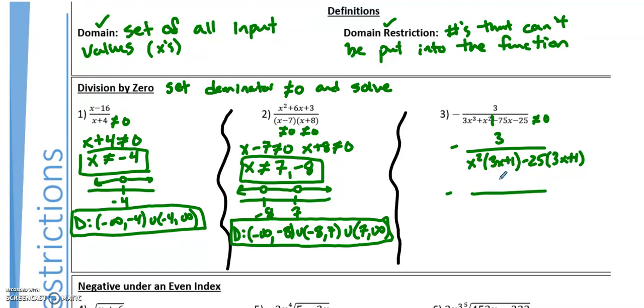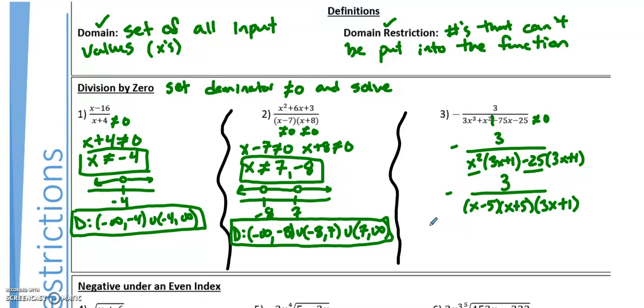So my factored form, hopefully we can see this, I have x squared minus 25, which is x minus 5, x plus 5. That's a difference of squares. And I have 3x plus 1. I just skipped one step there where I did the combination of the grouping and made the x squared minus the 25 into the difference of squares that it is.